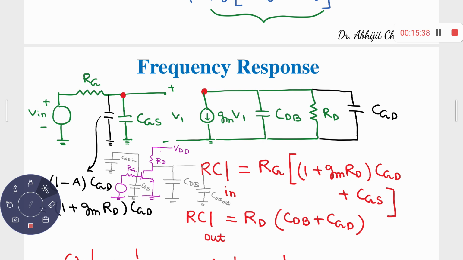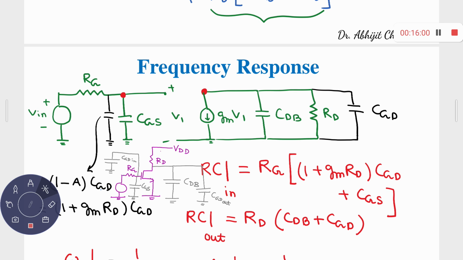So let me decompose this CGD into two parts. One between the gate to the ground, that is 1 plus GMRT times CGD. Already you have this RG, I mean the source resistance, you have this input signal V in, you have this CGS. Input side is over, right?